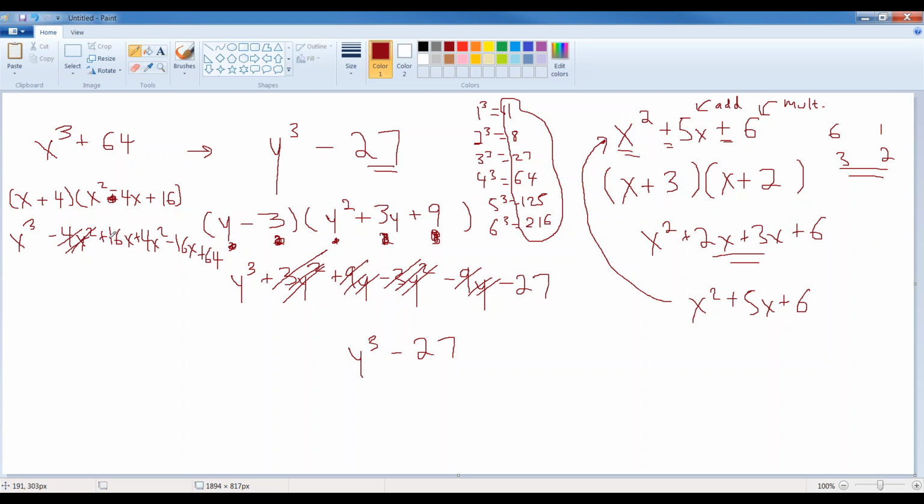The negative 4x squared and the positive 4x squared cancel. The positive 16x and the negative 16x cancel, and in the end you're left with x to the third power plus 64.